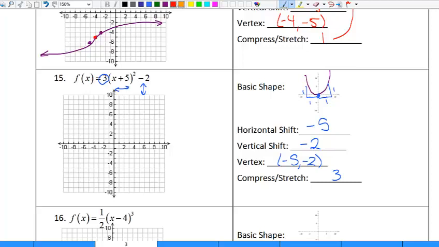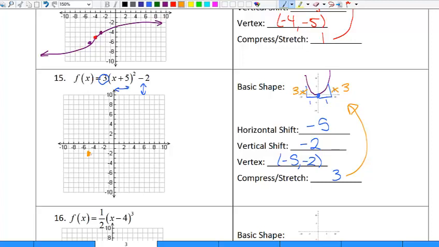Now because the A, or the compress and stretch, is something other than 1, that means instead of going right 1 and up 1, I'm going to go right 1 and up 3. Notice that the left and right didn't change. It's only the vertical that changed to become the A. So I'm going to go to my vertex at negative 5 comma negative 2.